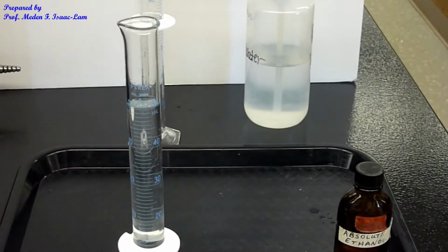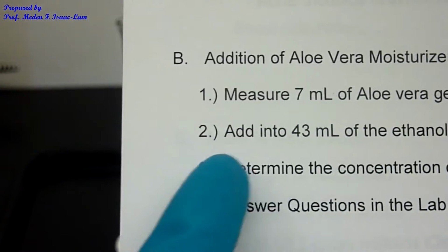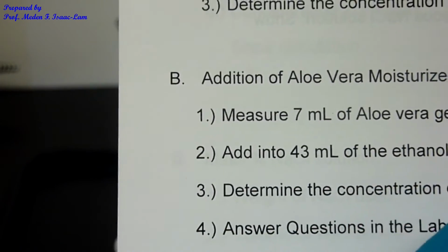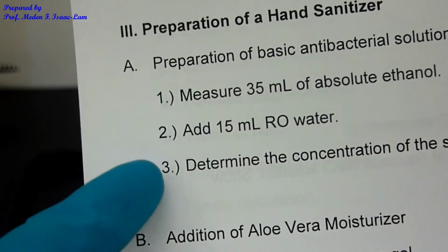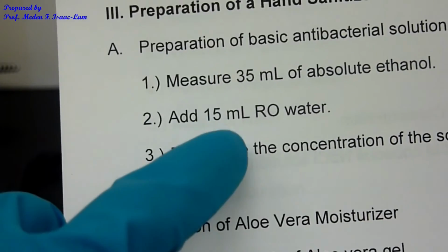The procedure is in the handout. We are measuring 7 ml of an aloe vera gel, and then you're going to add it to 43 ml of the ethanol solution that we made from part A. In part A, we prepared 50 ml, right?